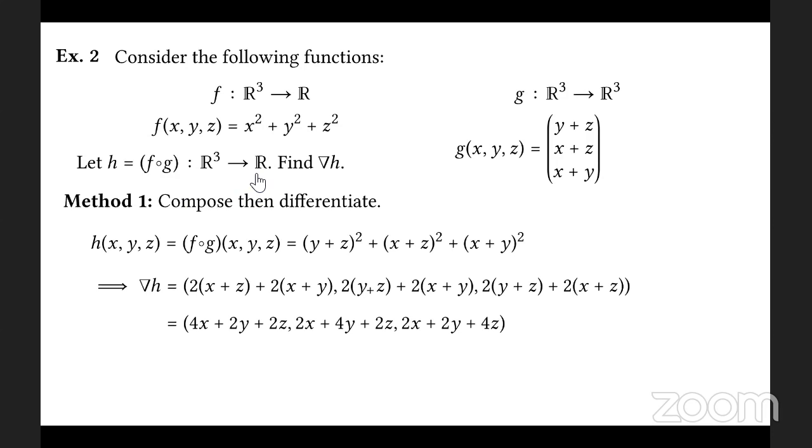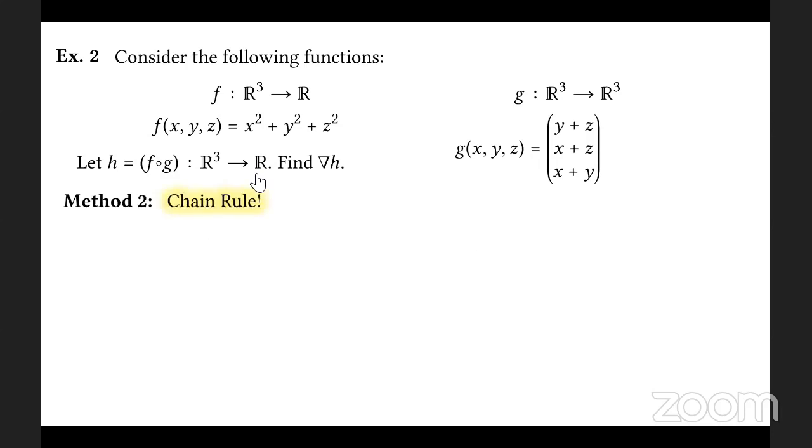This is the gradient. So that's just plugging in. Oh, you looked away for 2 seconds and all of a sudden it's filled with algebra. Yeah. So we just took the derivative with respect to x, with respect to y, with respect to z of the composition, and then put all those into a vector, and we've got the answer. So that's method one, just calculating it by composing and then differentiating.